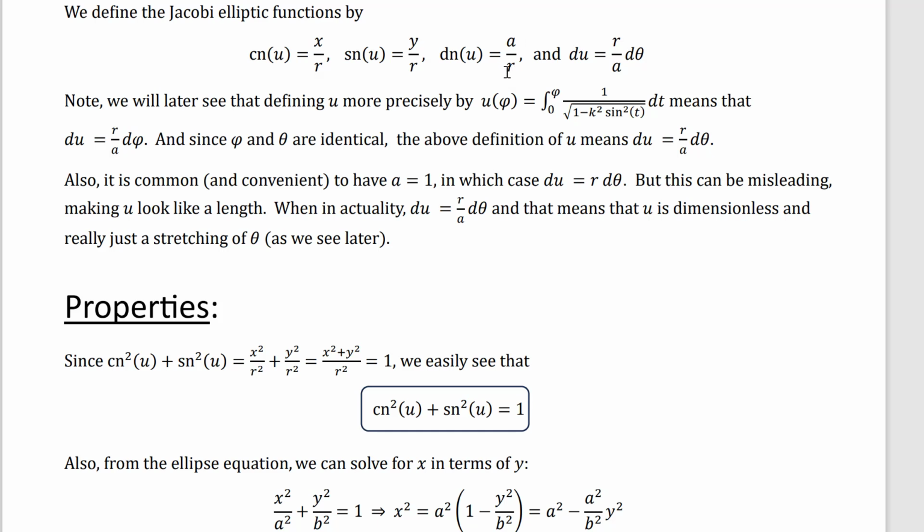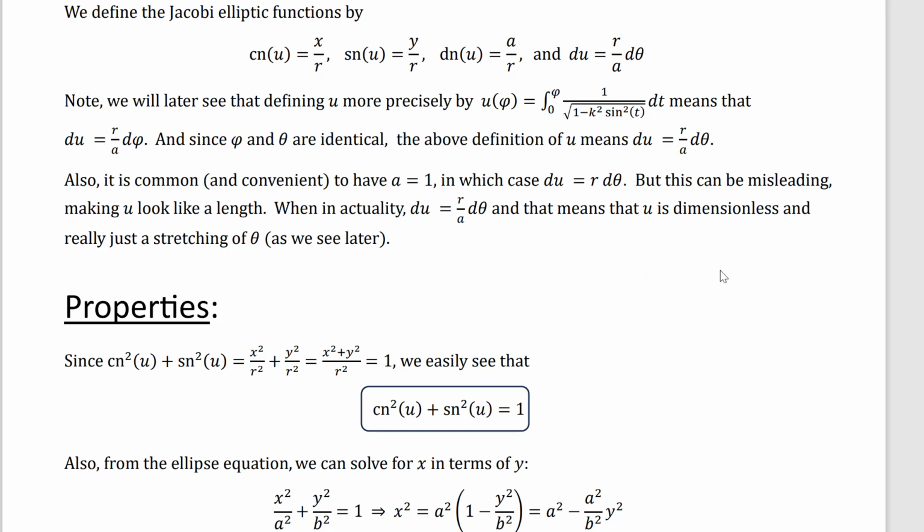So dn u is 1 or smaller. We also define du, and I define u more precisely, but for some work, all you need is that the differential du is going to be r over a d theta.